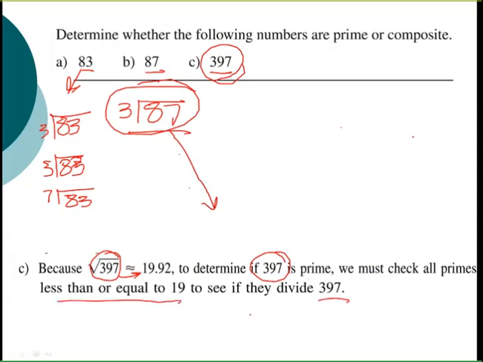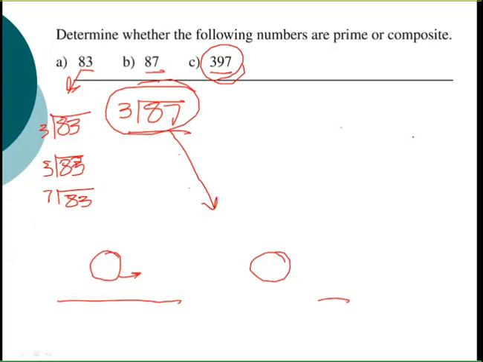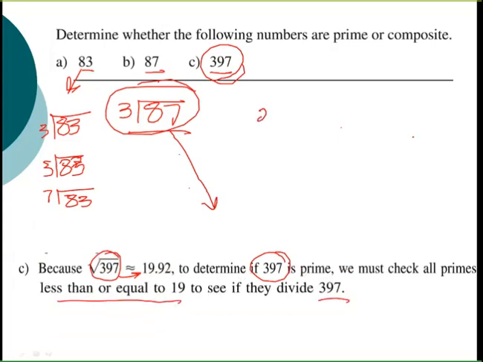So our list up to 19 is going to be 2, 3, 5, 7, 11, 13, 17, and 19. You have to divide 397 by all these numbers, and if any of them work, then it's not prime. If they all don't work, then it is prime. And here, when you do all the division, it is, in fact, prime.